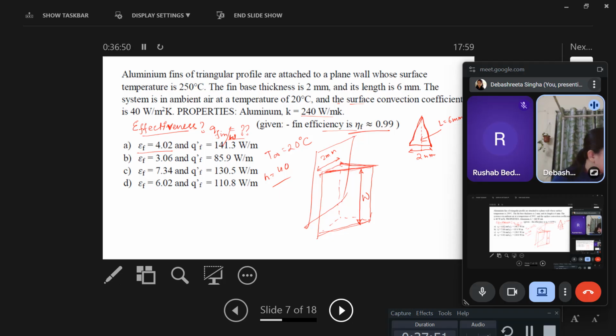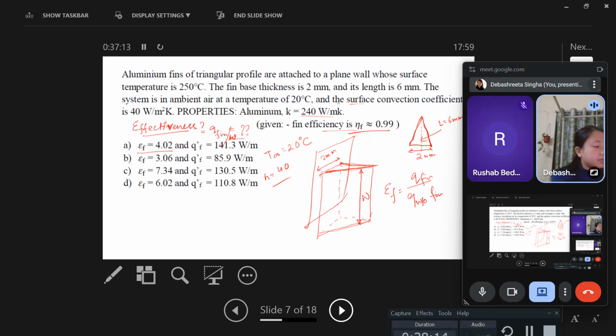So effectiveness epsilon F is given by q fin minus q without fin, divided by q without fin. So how do you do this?